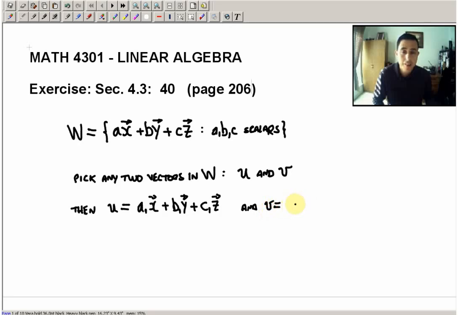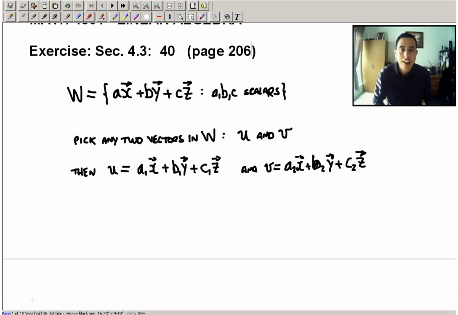So that means V is a linear combination of those three vectors, X, Y, and Z. I can write it as A2 X plus B2 Y plus C2 Z.